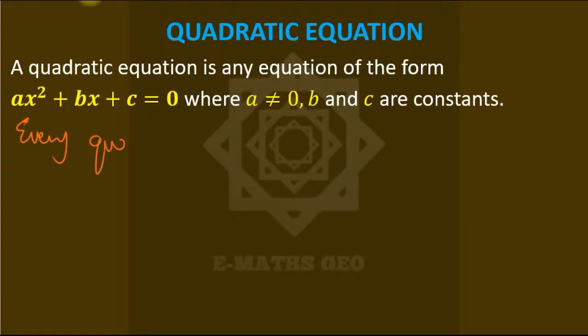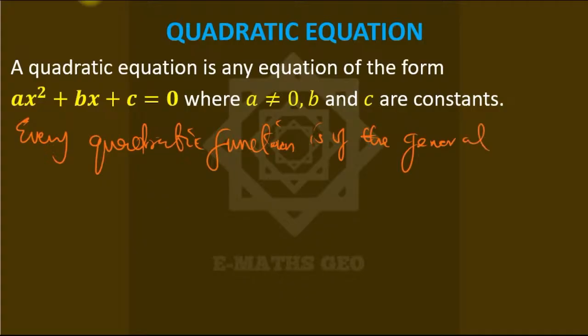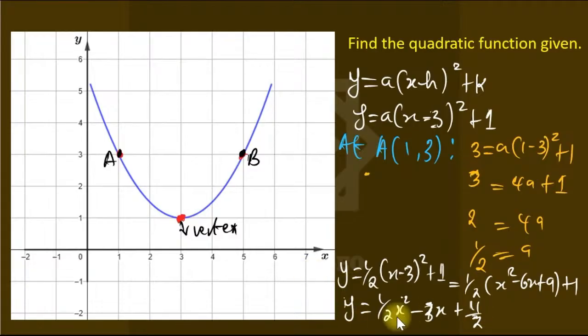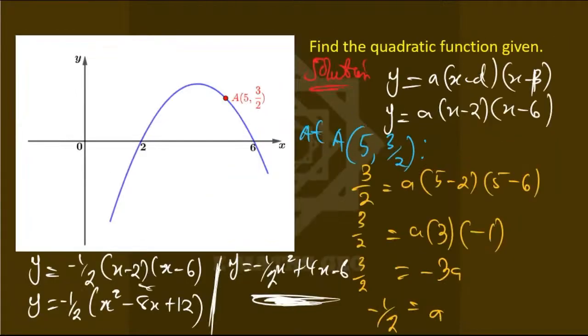Every quadratic function, whether given the vertex or the x-intercept, is of the general form y equals ax squared plus bx plus c. If you check all the answers we got, it's the same as that form.